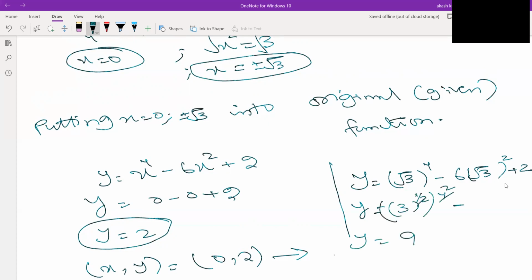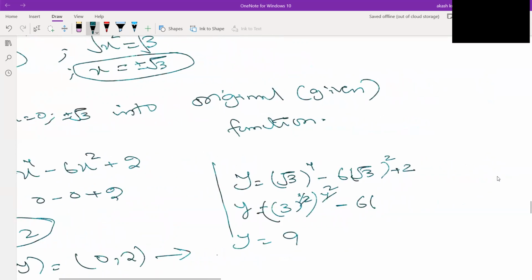Is it making sense to you what I'm doing? Where did you get the 9 from? Because we had square root 3 raised to the power 4, right? Can we write square root 3 as 3 raised to the power 1 by 2? If we remove the square root, it will be 1 over 2, with the whole power of 4.